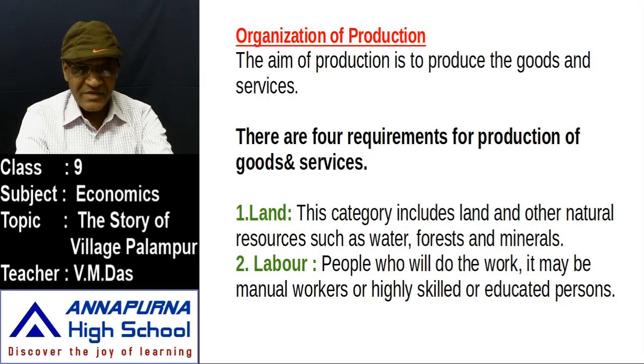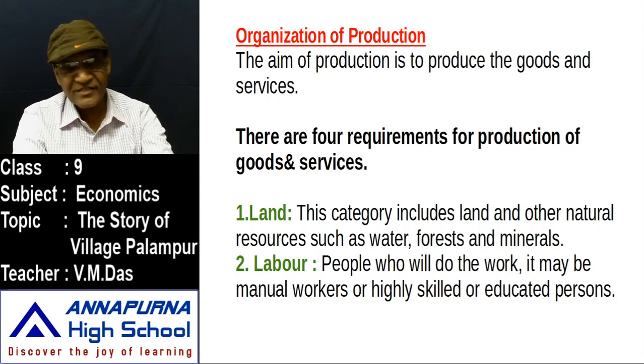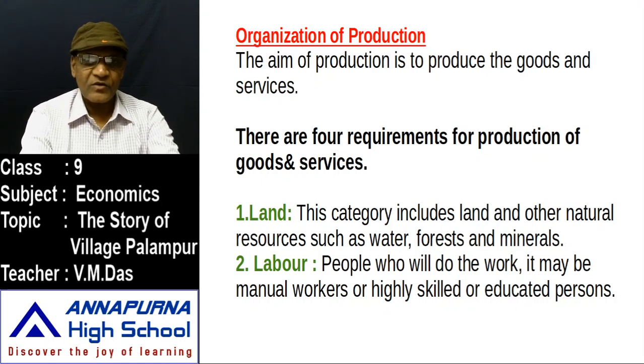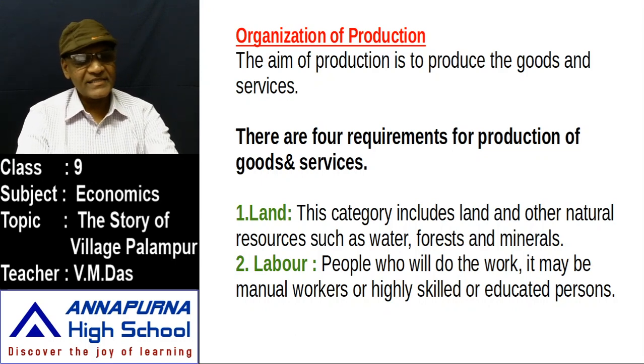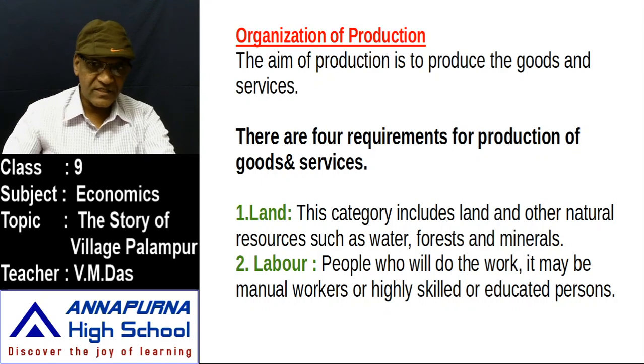When all these people together work in manufacturing units, they contribute their work, which is termed as labor. So people who do the work may be manual workers, highly skilled or educated persons.